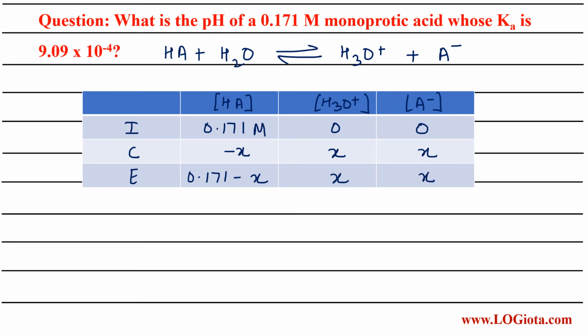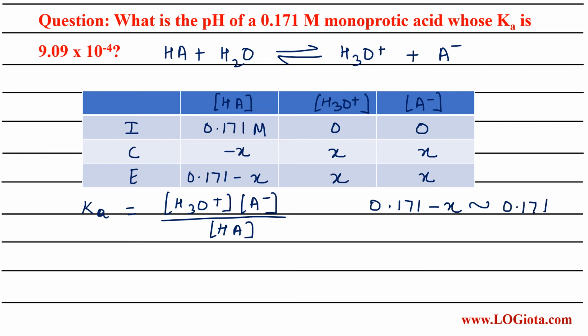Now we know that for Ka the equation is H3O positive concentration times A negative concentration upon HA concentration. Now as the acid is weak, we will consider that 0.171 minus x will be similar to 0.171, right?